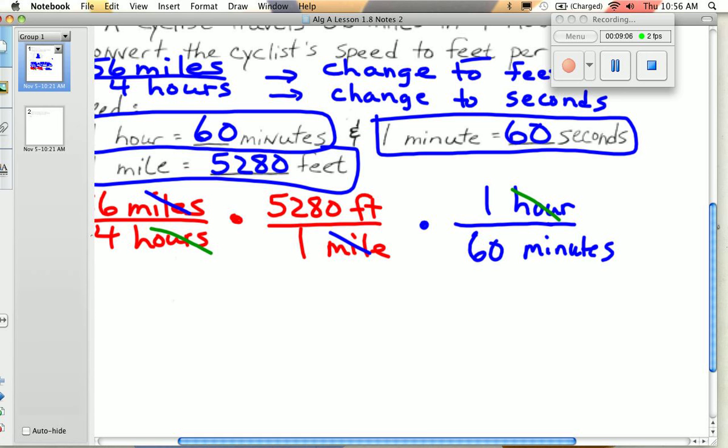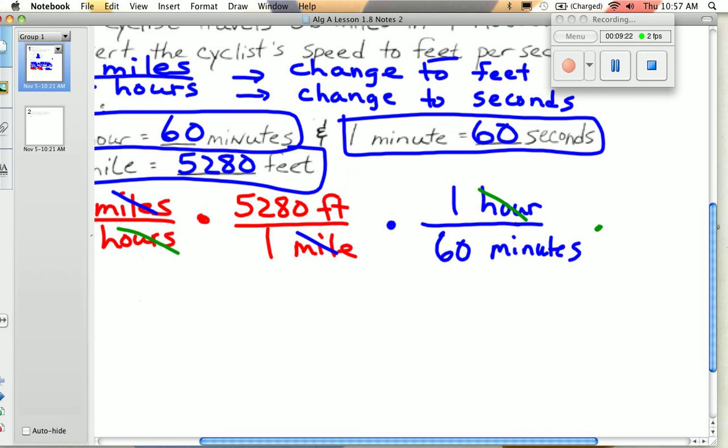So now I'm going to say, is minutes what I want? No, what do we want? Seconds. We want seconds. So we're going to put another conversion factor on here. We're going to say times, want the minutes to go away, so they're going to be upstairs.